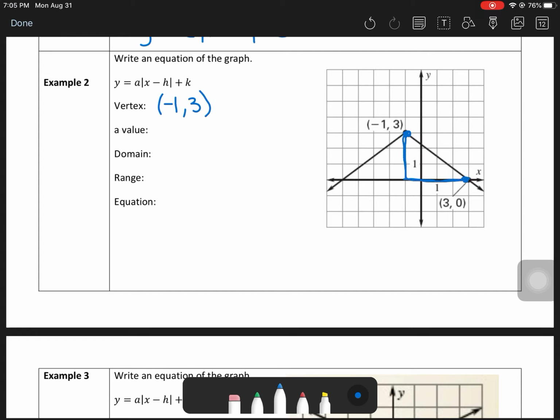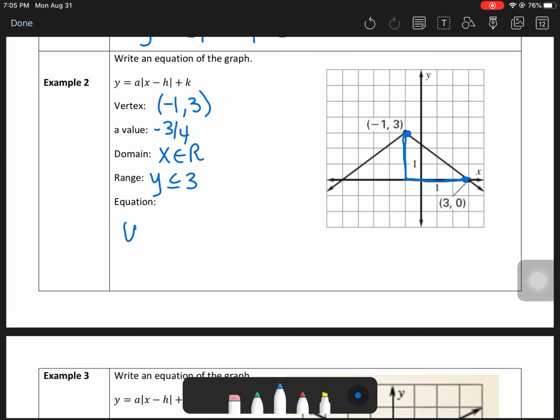So our a value is going to be negative 3/4, and we know that it's negative because it's opening down. Our domain is x is an element of the real numbers since we're going infinitely left and right. And our range, since we're opening down, is going to be less than or equal to 3.